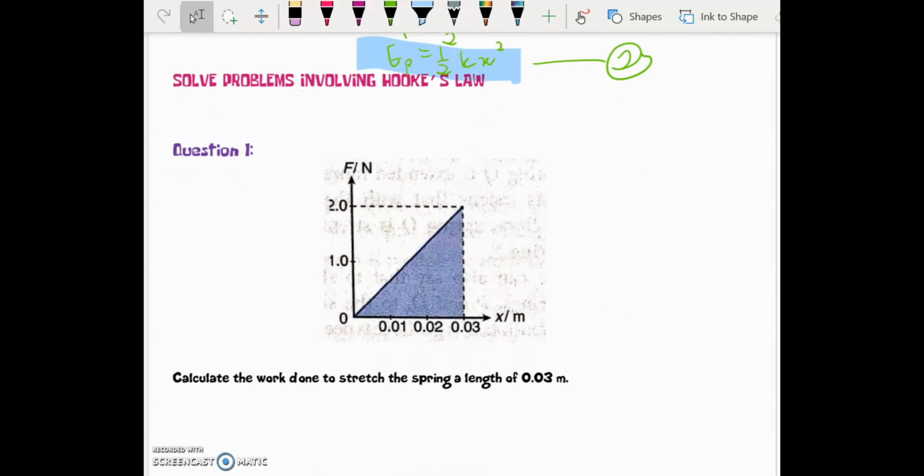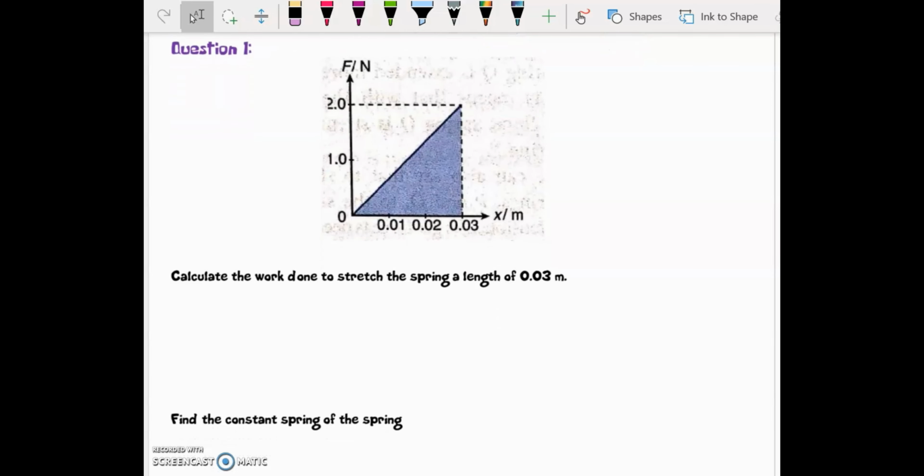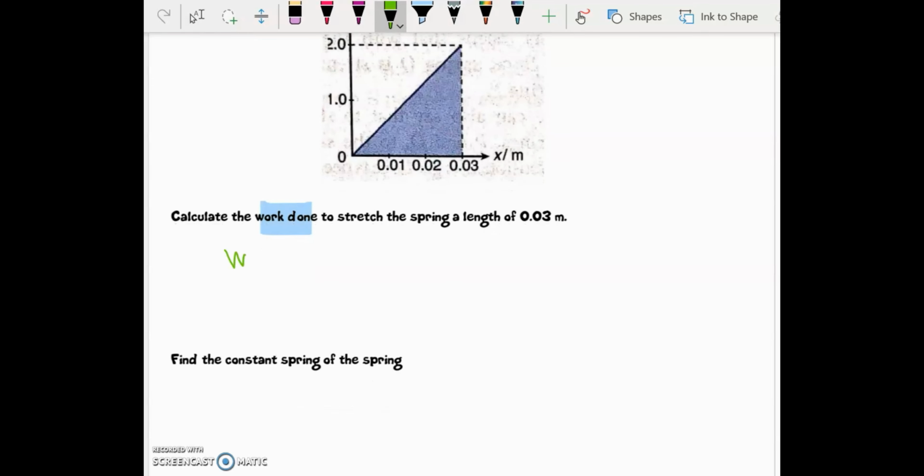Okay, so now we are going to do a few problems involving Hooke's law. Question number 1, you are given a graph of force against extension. The question asks, calculate the work done to stretch the spring of length of 0.03 meter. So the work done here is actually equivalent to the elastic potential energy. To find the elastic potential energy, you need to find the area under the graph.